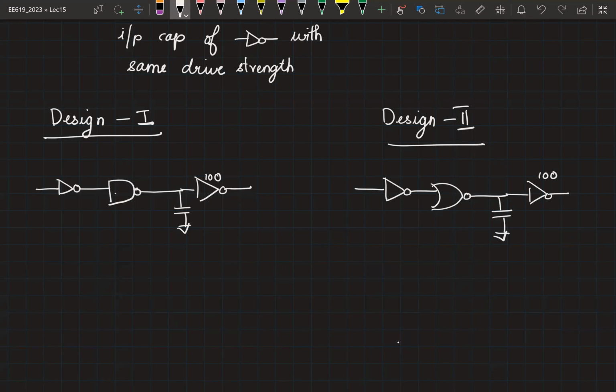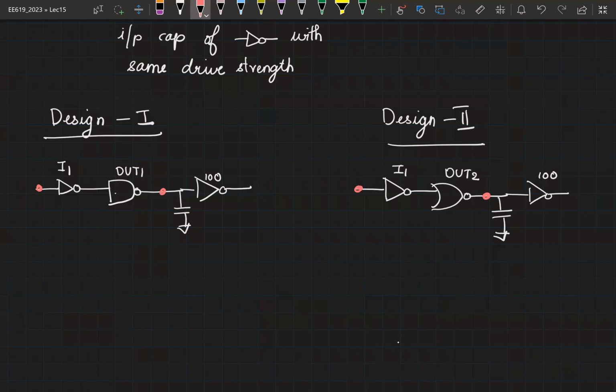Okay. So let's call this instance as I1. Let's say this is DUT1 and this is DUT2. Now let's say I am interested in the delay from this node to this node. And in particular, I am interested to see how the DUT's delay is affecting this overall delay.